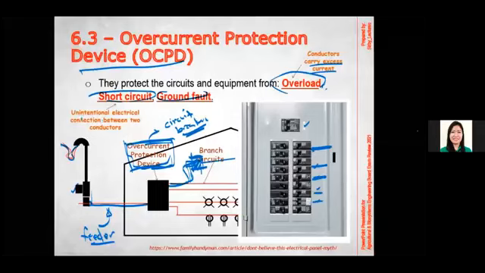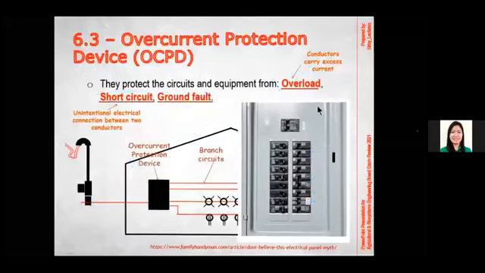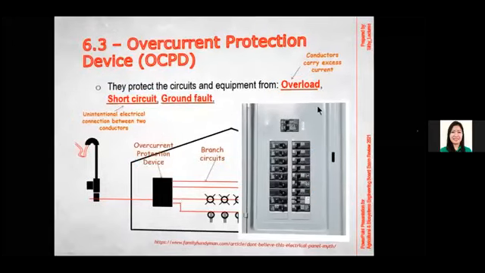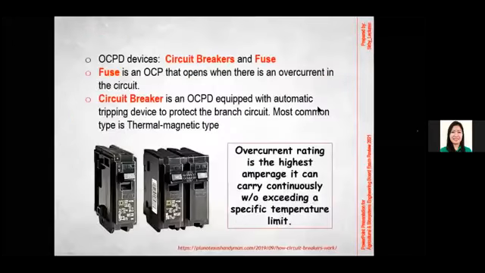And short circuit is an unintentional electrical connection between two conductors. Okay, so moving on, these OCPD devices can be circuit breakers or fuse.